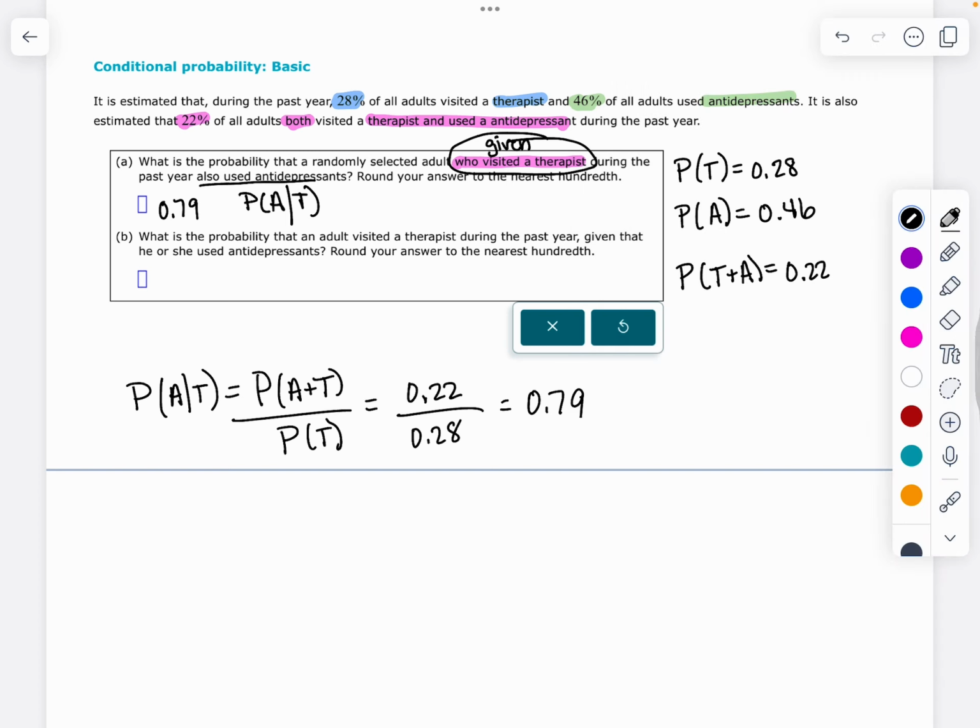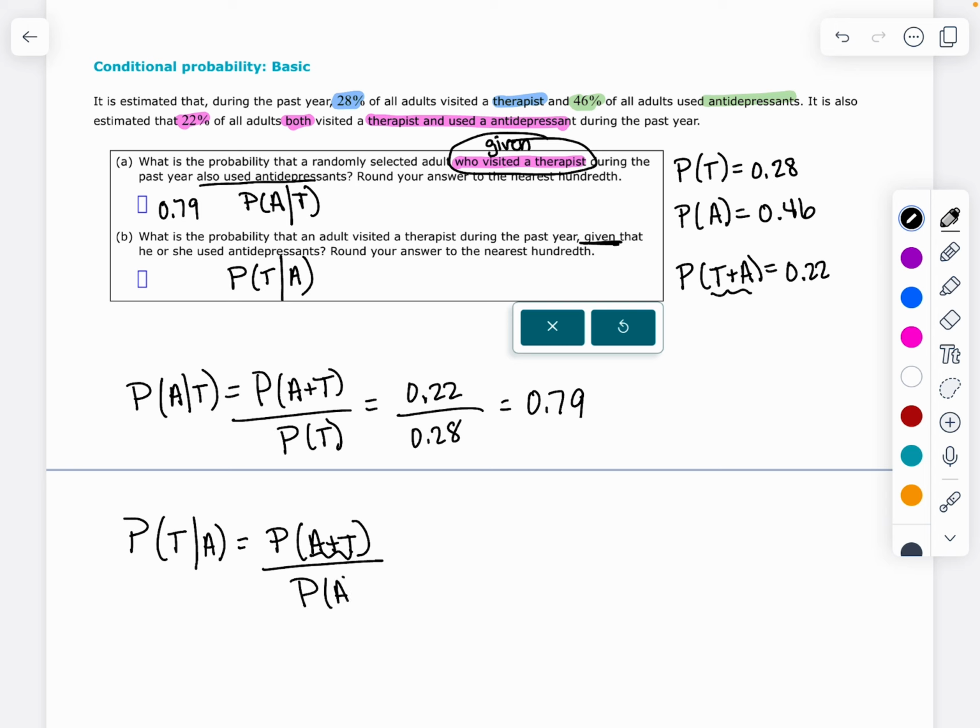Hopefully this is starting to make sense. What's the probability that an adult visited a therapist during the past year given that they used antidepressants? Probability of a therapist given antidepressants. So, probability of A and T, or T and A. Doesn't matter which one's first or last in these ones.